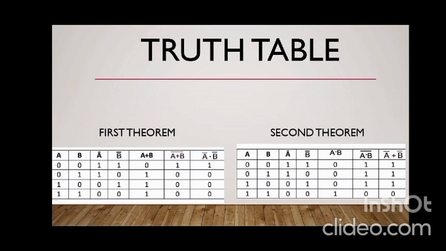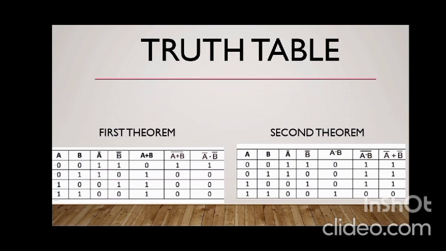Truth table, second theorem. A 0, B 0, A bar 1, B bar 1, A dot B 0, A dot B whole bar 1, A bar plus B bar 1. Next, A 0, B 1, A bar 1, B bar 0, A dot B 0, A dot B whole bar 1, A bar plus B bar 1.